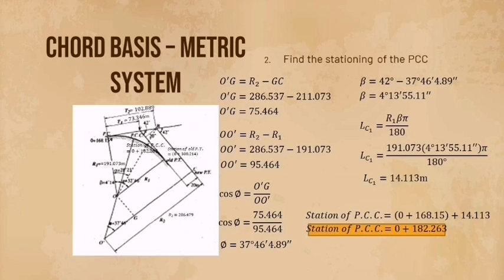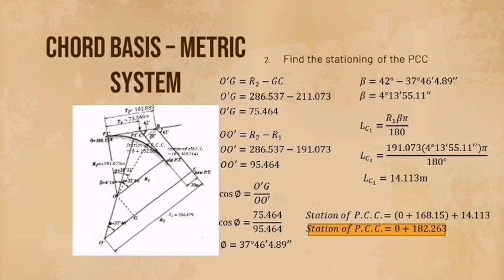And for the LC1, it is radius 1 times beta times pi over 180. So again, we will substitute the value. The radius 1 is 191.073, and the beta, 4 degrees 13 minutes 55.11 seconds, times pi over 180 degrees. And we will get the answer of 14.113 meters.